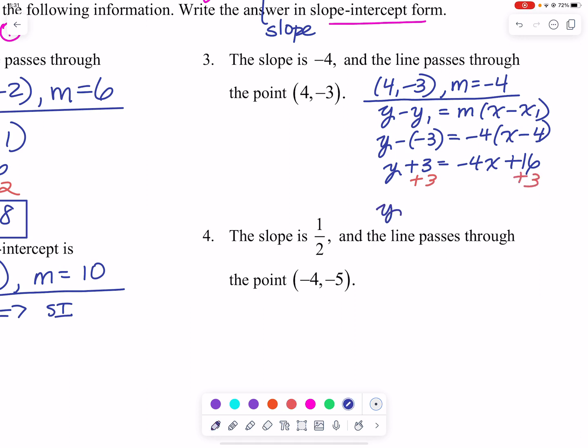And we come up with y is equal to -4x plus 19. Let's see if I did that correctly. Plus 16. I should have subtracted 3. It looked a little funny. And 16 minus 3 will give us 13.